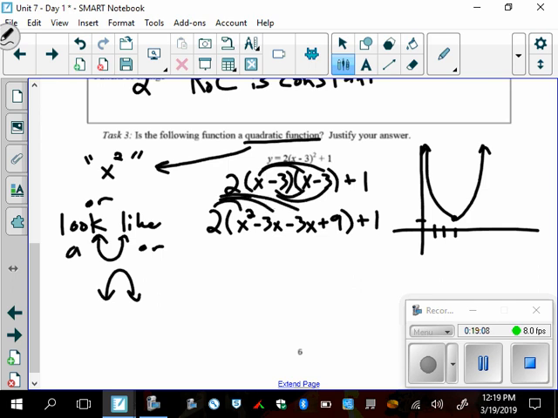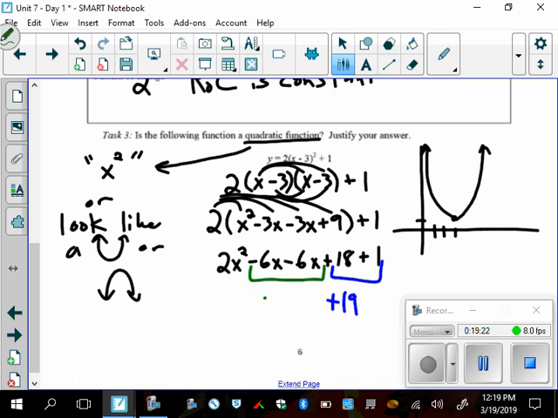By PEMDAS, after doing an exponent, I would then distribute 2x squared minus 6x plus 18 plus 1. And finally, I could combine like terms to make that plus 19. And I could combine here to be negative 12x.